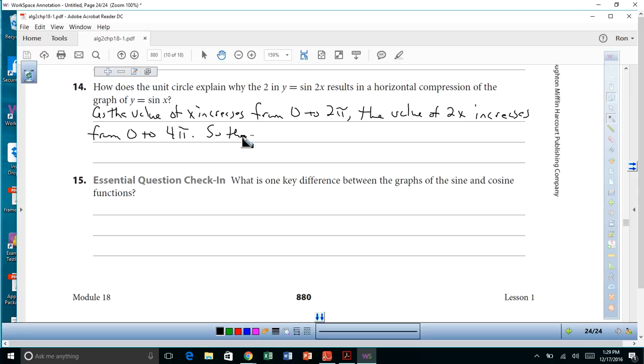So the graph of y equals sine 2x completes 2 cycles for every 1 cycle of y equals sine x.